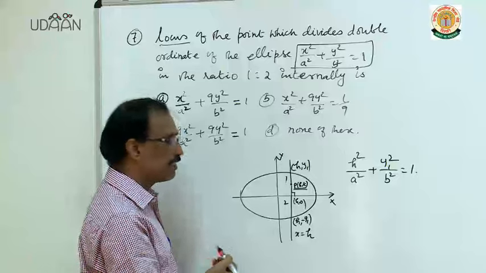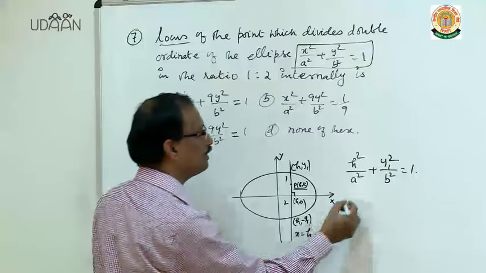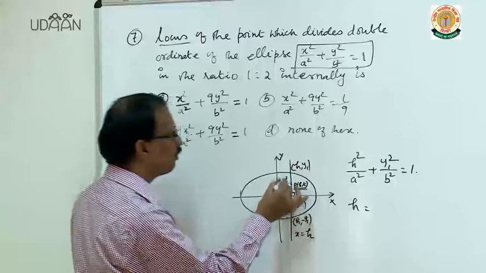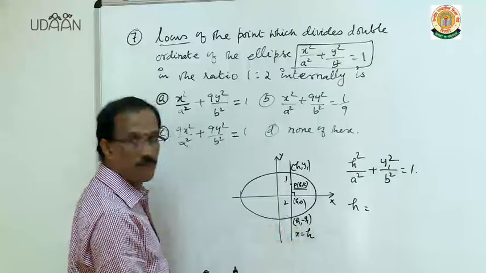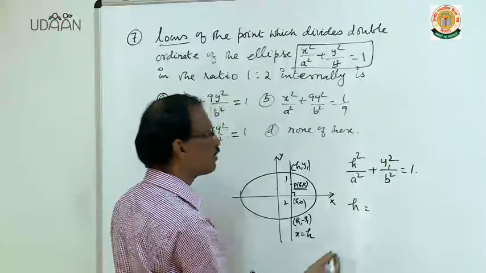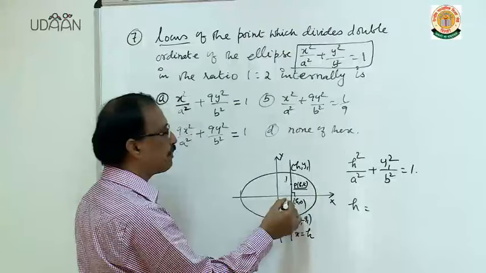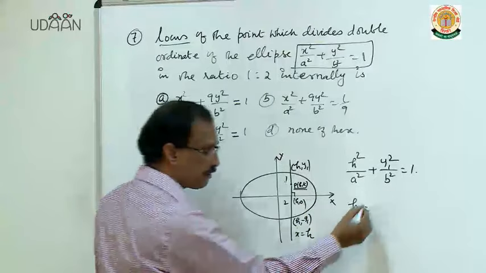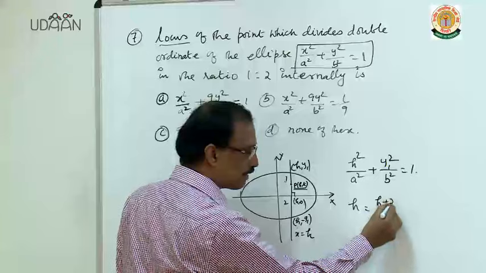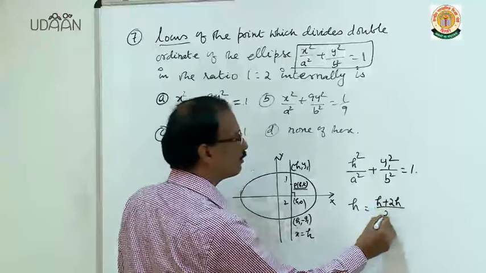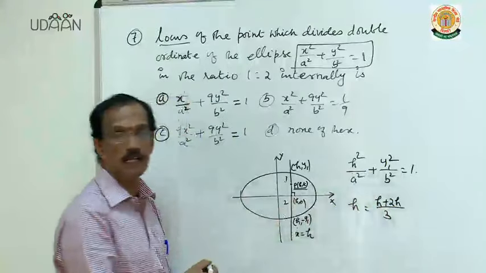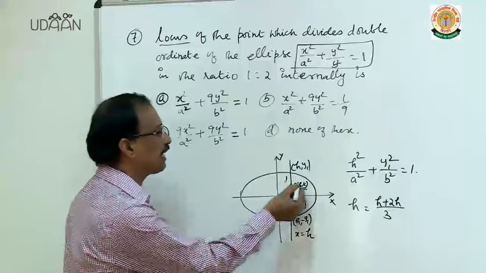What does the section formula say? h equals (1 into h plus 2 into h) by 3, that gives us the x coordinate.